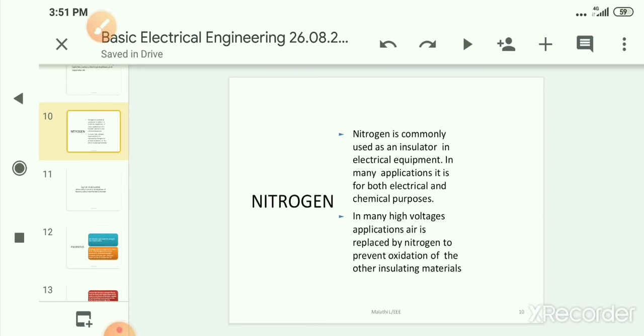So these are the applications. It is used as insulator as well as in oil treated paper insulation, and in oil filled transformers.